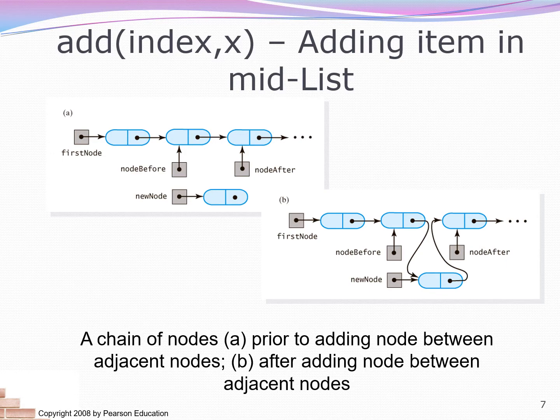This new node's next attribute will point to the next neighbor. So that's how it is being added. If you do not manage this properly, especially if you do not maintain the node-after variable, the linked list will be lost.